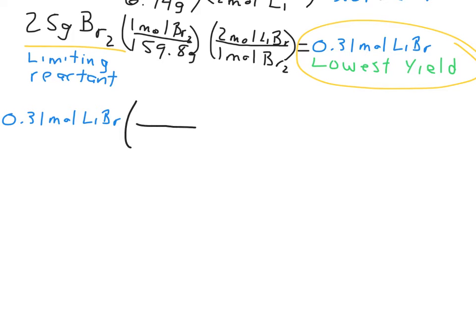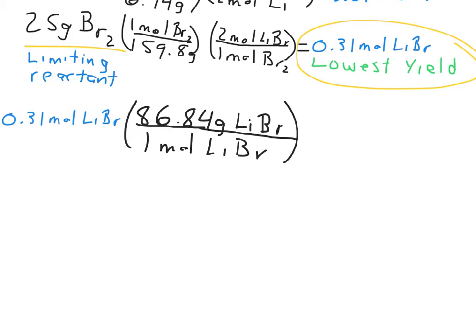To do that I only have to make a conversion from moles to grams. What do I have to do? I have to multiply by the molar mass. In this case it's 86.84 grams of lithium bromide in 1 mole of lithium bromide. And now this is 26.92 grams of lithium bromide.